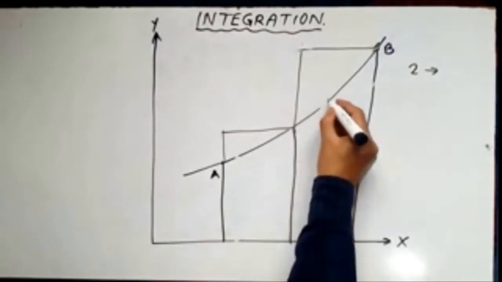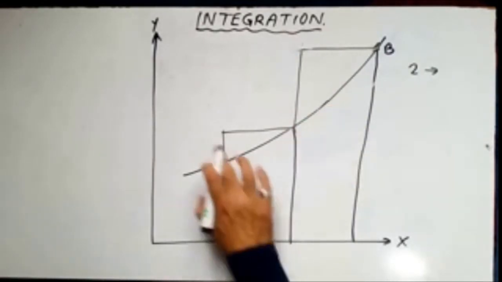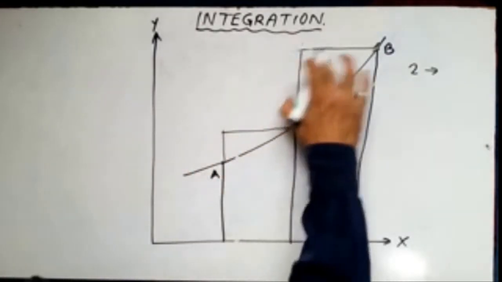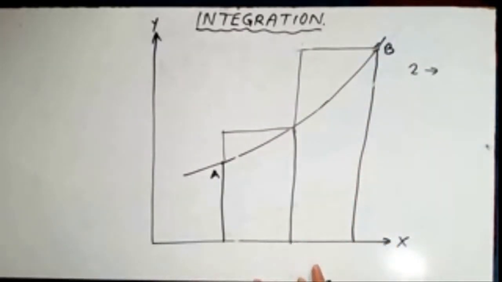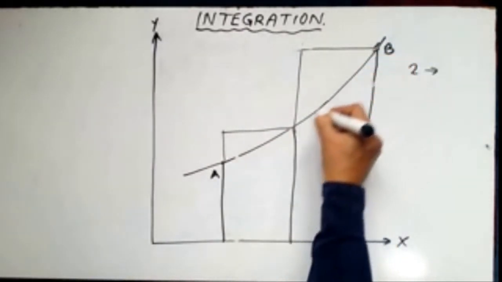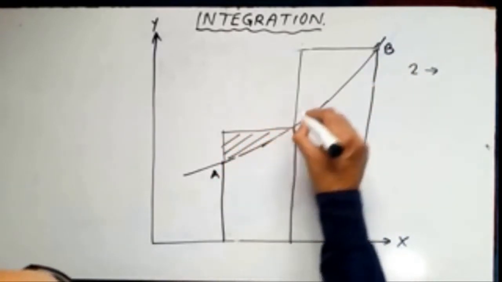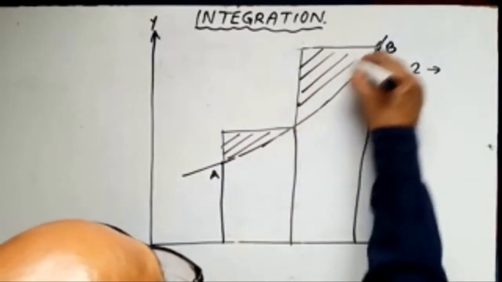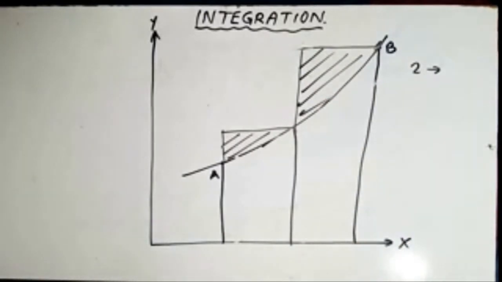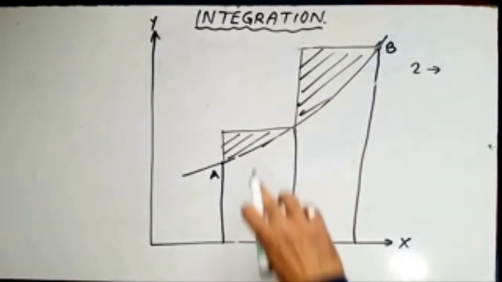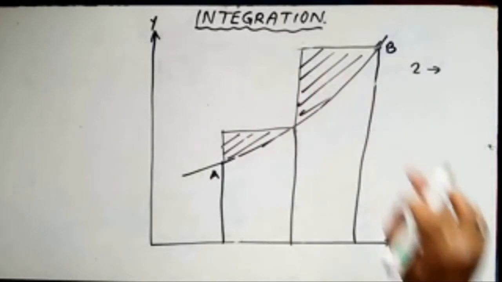But if you find out the area of this rectangle and this rectangle, it is definitely more than the area under the curve by this amount, right? So we don't need this area. If we are going to have two rectangles, this is the area which is extra.